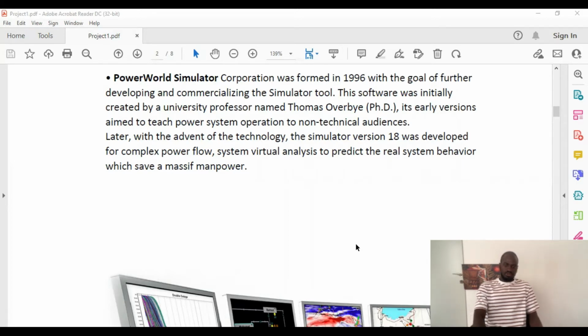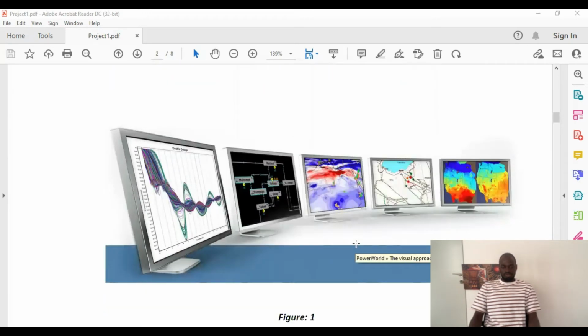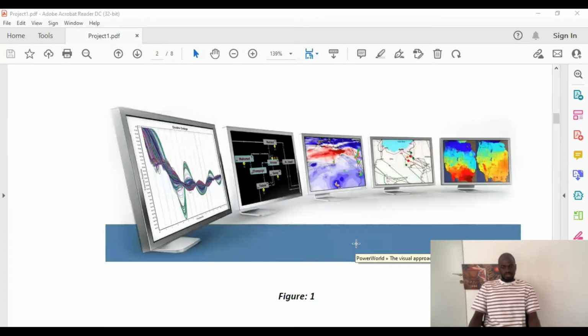So it also saves manpower and a lot of physical work before anything happens. You can see here we have different screens representing the graphical diagrams in Figure 1. As you can see from here, this is like a control center.